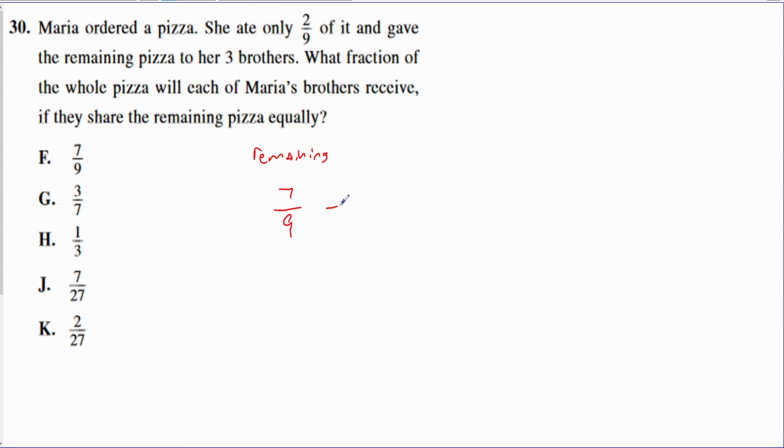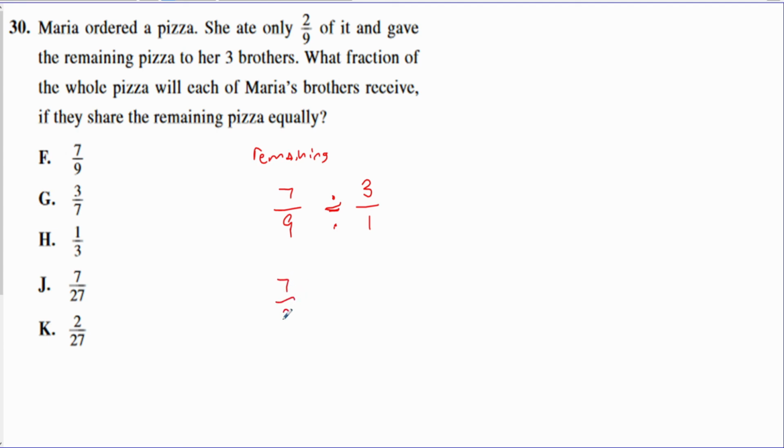And then what I'm going to do is divide that 7/9 by the fact that there are 3 brothers, right? So if there were like 6 slices of pizza and I divide that by 3, well, it's obvious that they get 2, right? So I'm doing the same thing. I'm just saying the pizza that they're going to get is not 6 slices, it's 7/9 of the whole, right? So if I do this, remember, dividing by a number with fractions means multiplying by the reciprocal of that number.